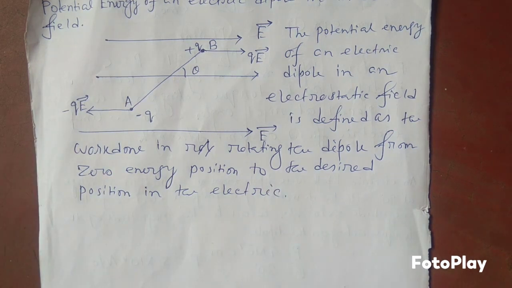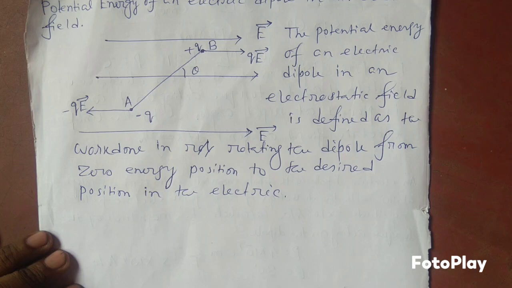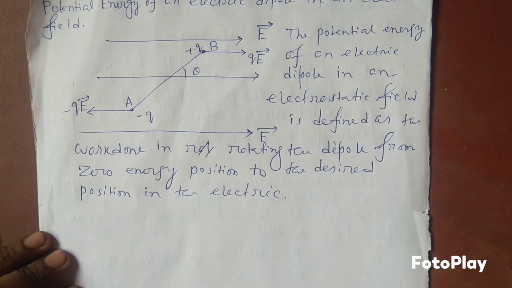First, the electric potential of an electric dipole in an electrostatic field is defined as the work done in rotating the dipole from zero energy position to the desired position in the electric field.